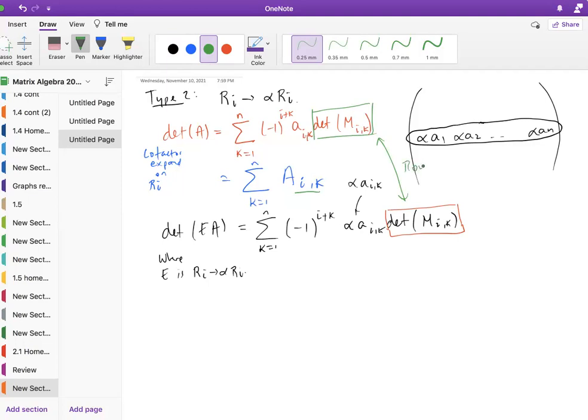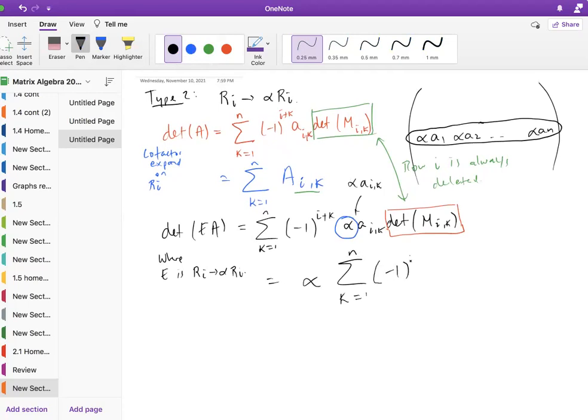Row I is always deleted, and row I is precisely the elements that are changed, so of course those would be the same. So the only thing that's different is this alpha. Let's bring it outside, since it's a product inside the sum. So that's it, and this was the determinant of A.